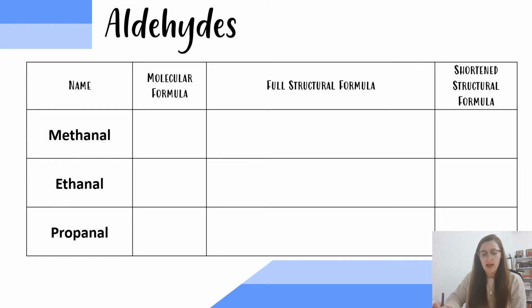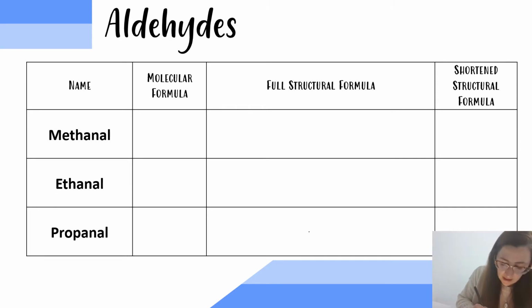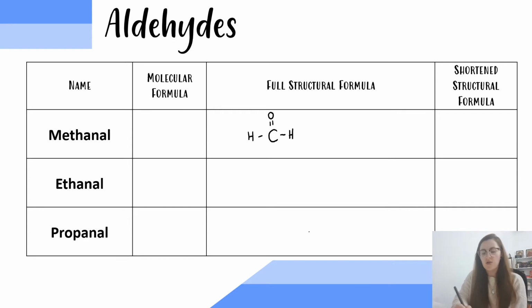So if we look at the aldehyde family or homologous series, I'm going to fill out the first 3 and then I will leave you to fill out the rest of the table on your own. So we have methanal. If I draw the full structural formula first, we've got the carbonyl group and 2 hydrogens on either side of the carbon.